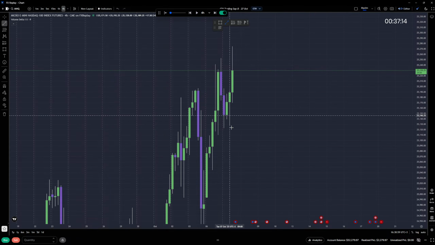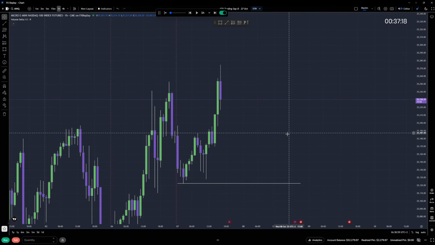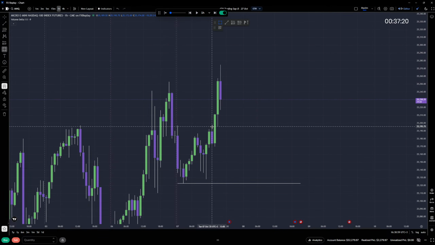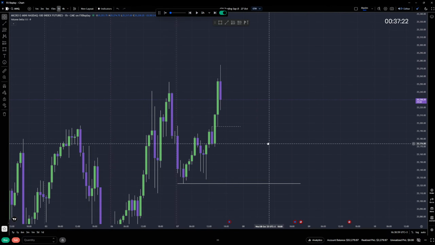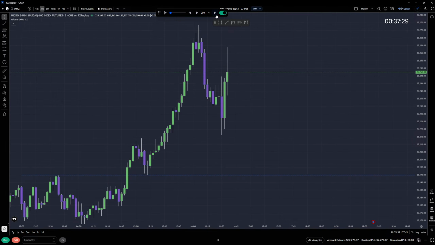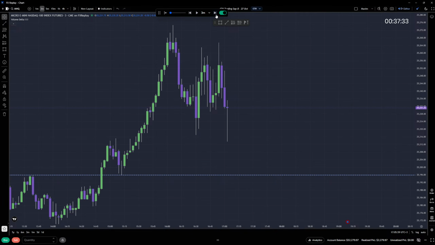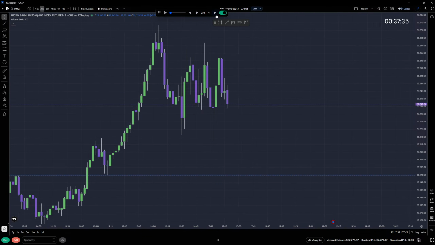So the 4-hour high. Look for lower. And on the hourly, we got this gap here. Very small one, there is a gap. Got the gap close.